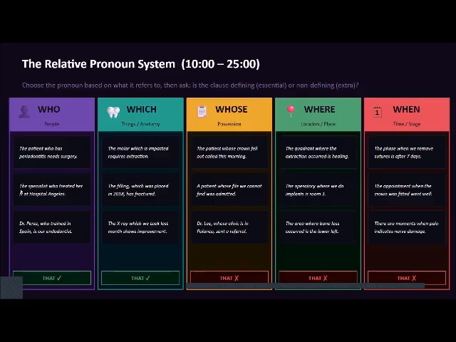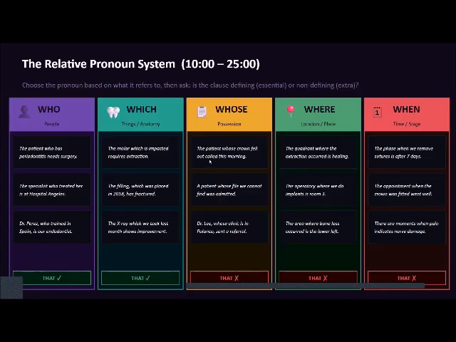The specialist who treats her is at Hospital Angele. Good job. Dr. Perez, who trained in Spain, is our endodontist. Good. Now, with who, we can replace who with that in these defining clause sentences.